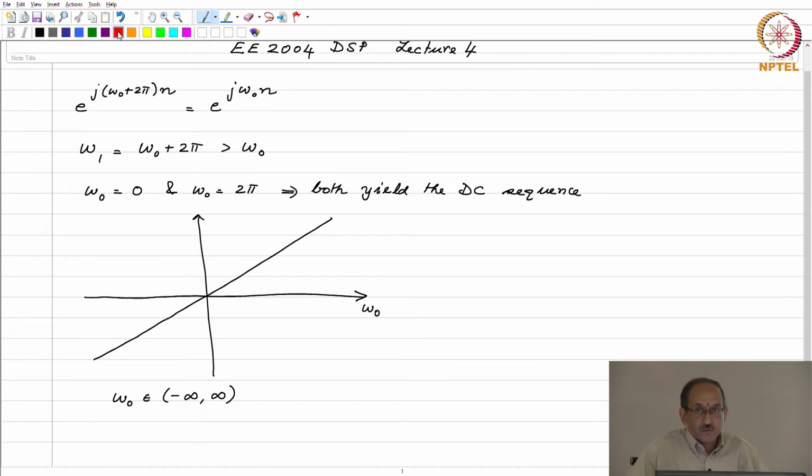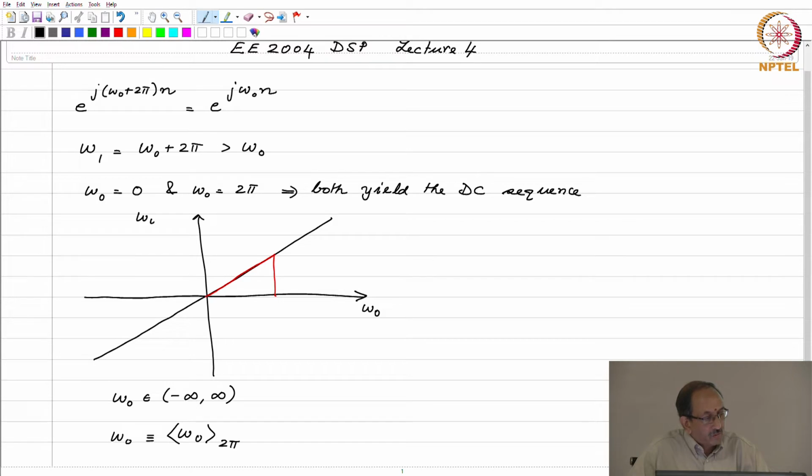However, as far as the signal is concerned, because omega naught and omega naught plus 2 pi are the same frequency in terms of the signal that's being produced, you can replace omega naught by omega naught mod 2 pi, and if you plot omega naught mod 2 pi, this is what you get.